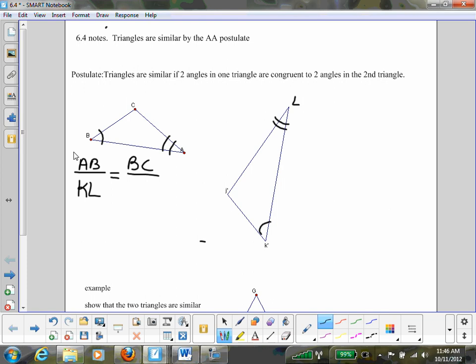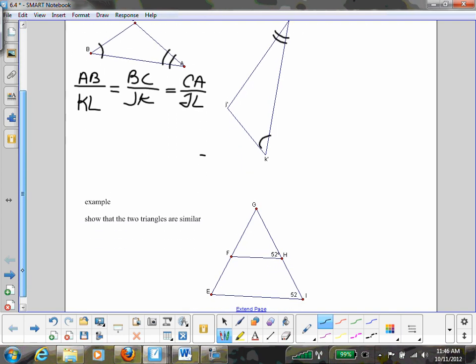Okay. JK, which would have the same scale factor as what would be the final one? CA over? Yes, JL. Order isn't as important, right? Because we're just saying that the lengths are proportional. We are not saying anything about congruence.